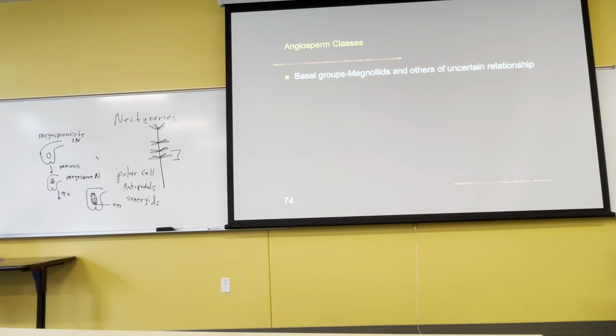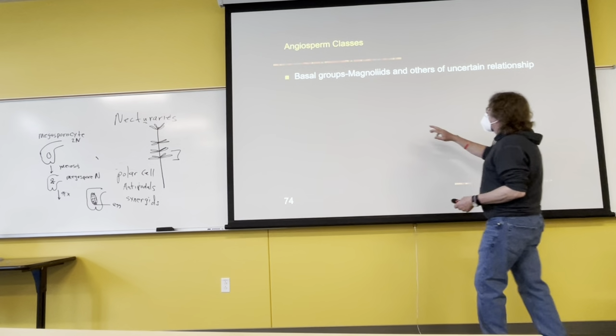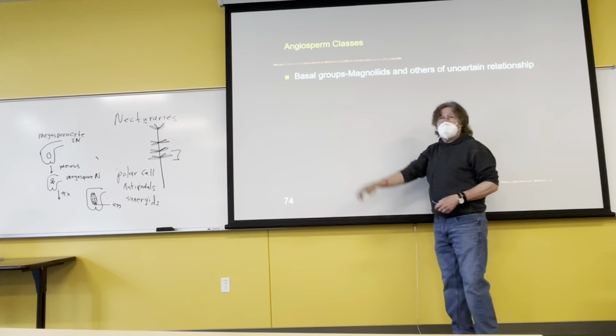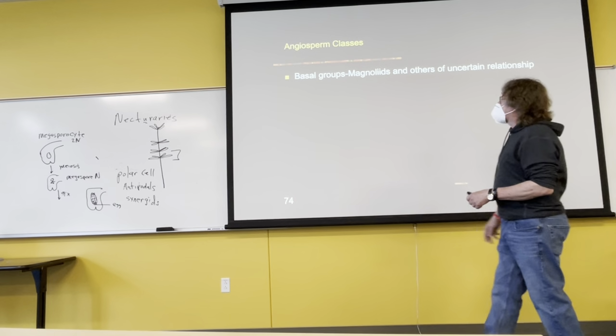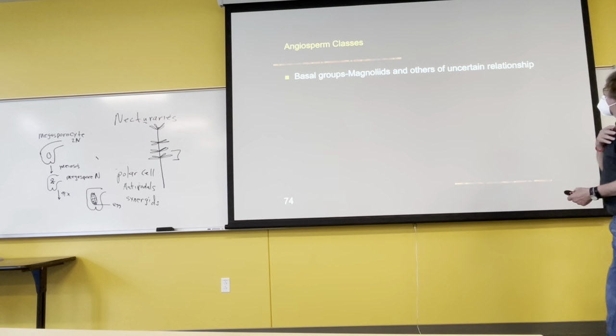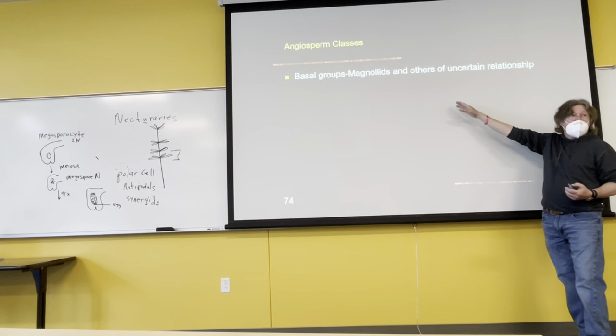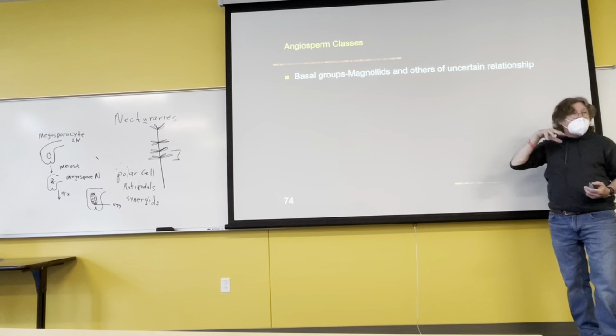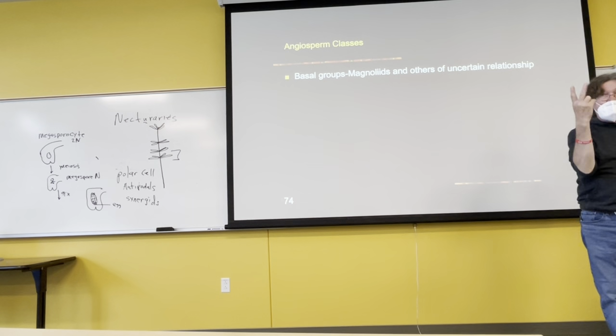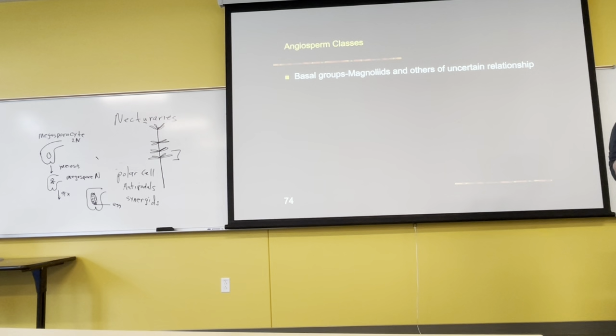There are some basal groups of angiosperms that really don't fit into real good clades, so we're not going to worry too much about it. But they're at the base of the angiosperm groups. These are called magnoliids, and we know that they're sort of plesiomorphic. But exactly the relationships to each other and to the two major clades of angiosperms, which are monophyletic.